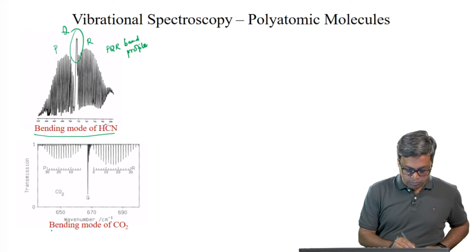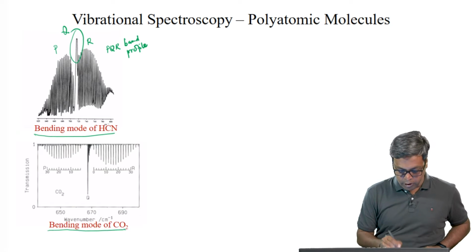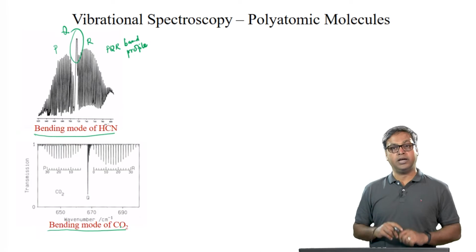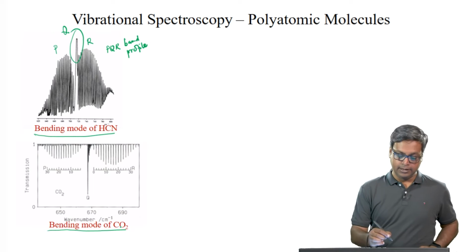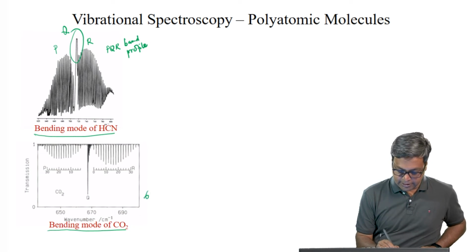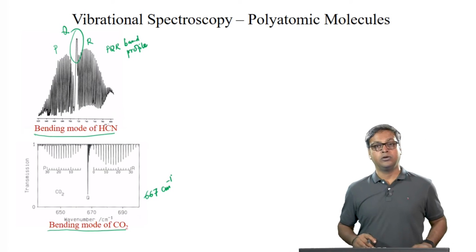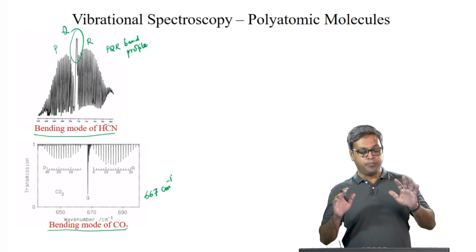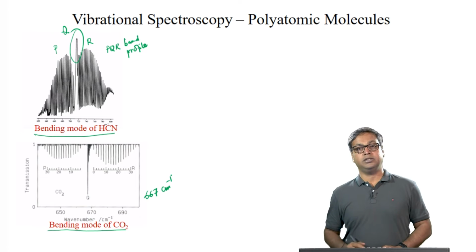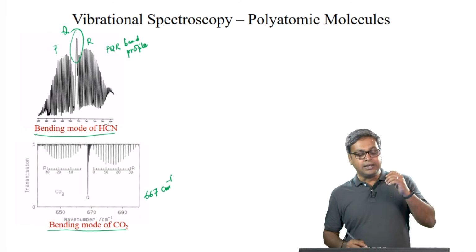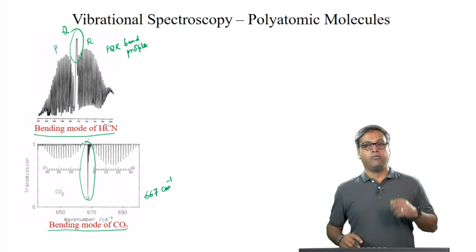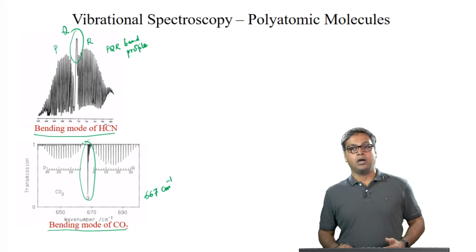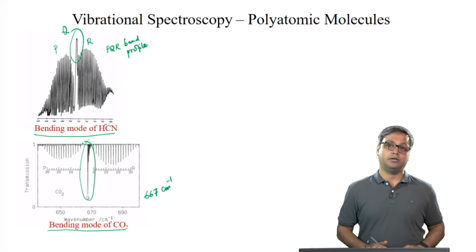So, we are looking into the spectrum of the bending mode of carbon dioxide. This vibrational band is centered at 667 wave numbers. Apart from the P and R branches, there is this intense Q branch, where all the lines are overlapping with one another.